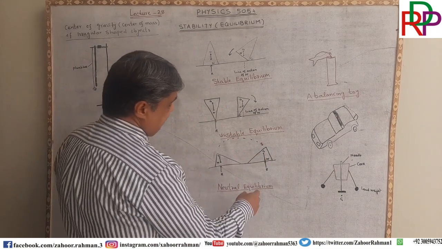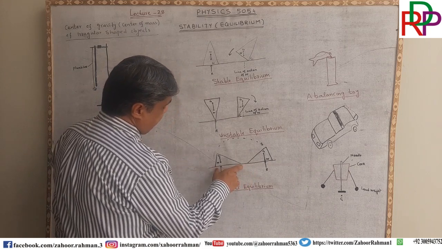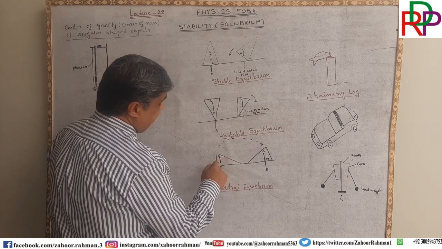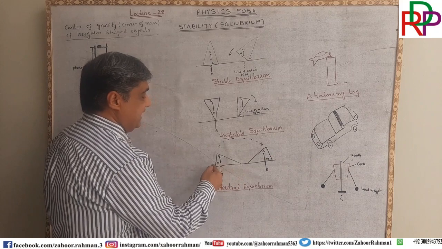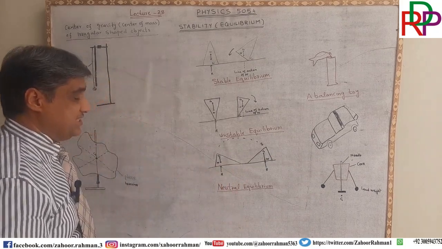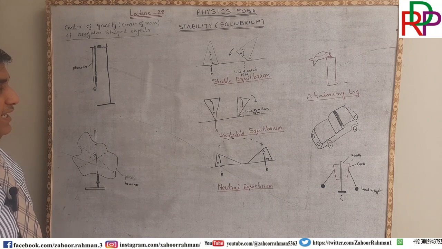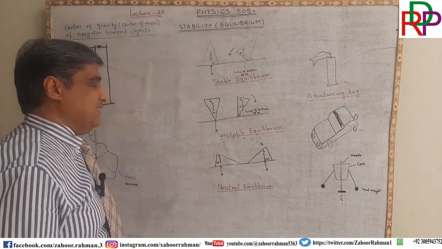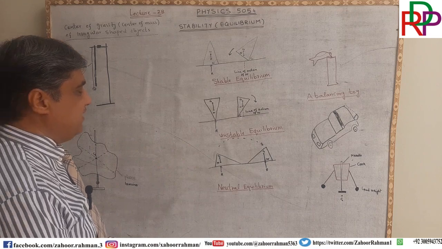And the second thing is the base area is very wide and this G or the line of action of W is not getting out from the base area. So it means it will remain always in equilibrium. It will not topple down, nor will it regain its original position because we have not tilted it.